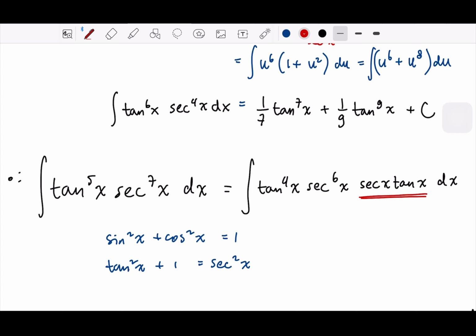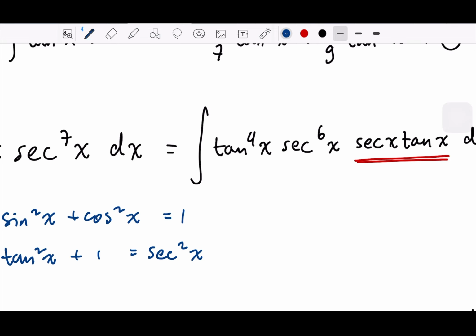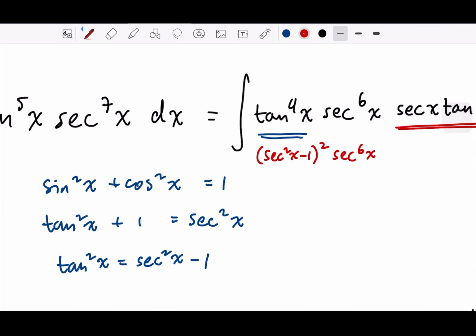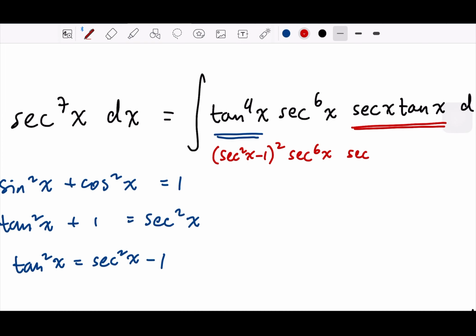So we take this tangent with power of 4 and substitute, remembering that tangent squared is secant squared x minus 1. So we take secant squared x minus 1, squared, and then secant with power of 6, and then secant x tangent x.